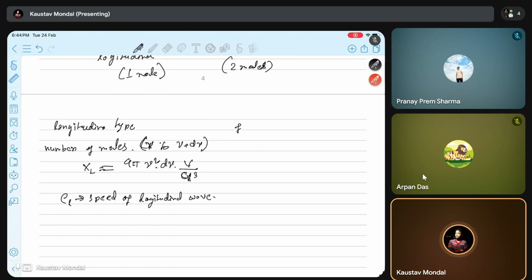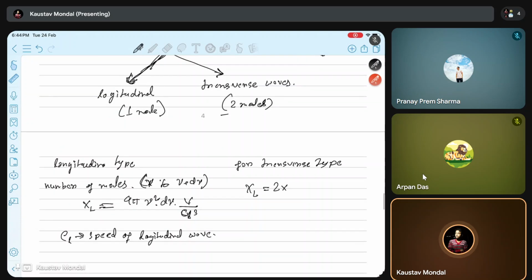Similarly, for the transverse type, the number of modes would be 2 into 4 pi nu square d nu into V over Ct cube. The 2 comes because for transverse we have two types of modes, right?